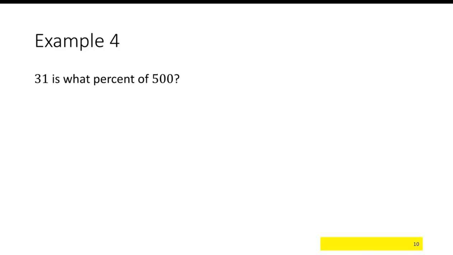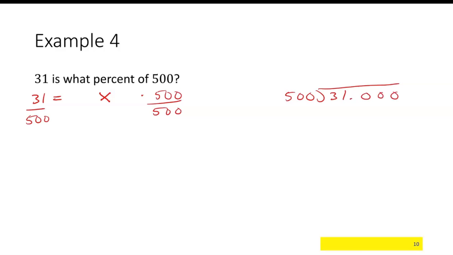And finally, 31 is what percent of 500? So we have 31 equals, I'll put just x, as that's my unknown as to what percent, times 500. So in this case, I would divide by 500. I figure out how many times 500 goes into 31. Well, let's see. 500 does not go into 31, and it does not go into 310. 500 goes into 3,100 it looks like 6 times.